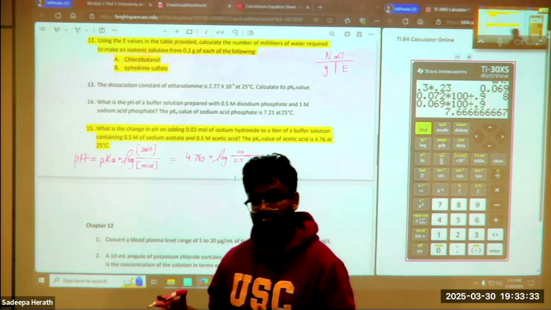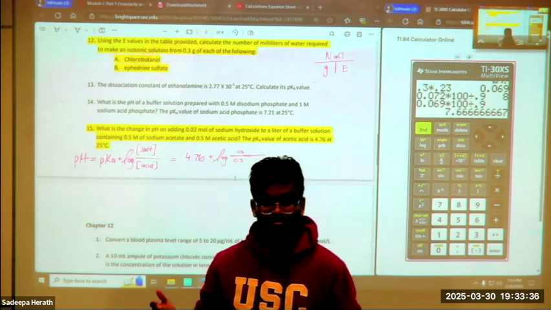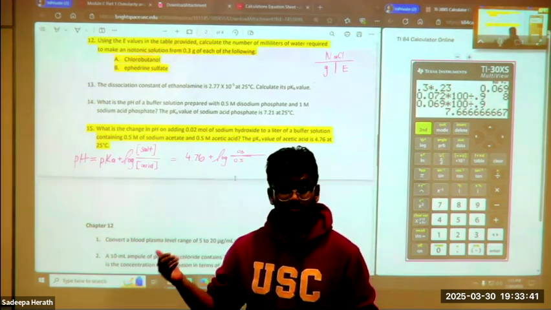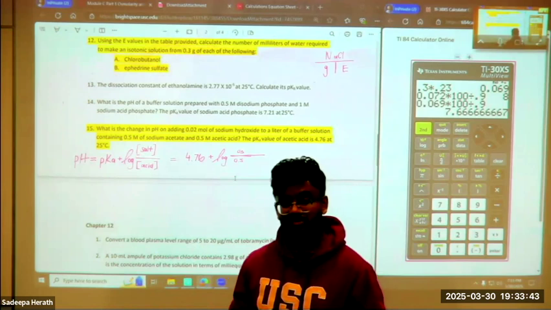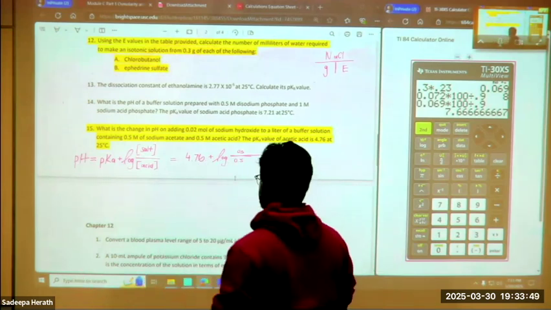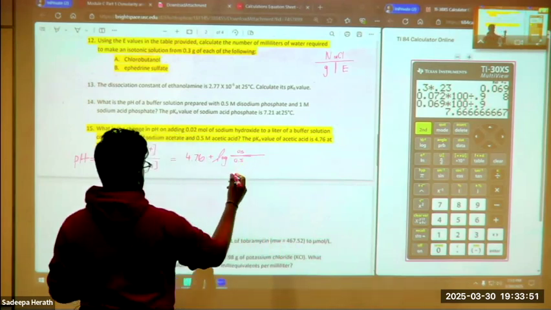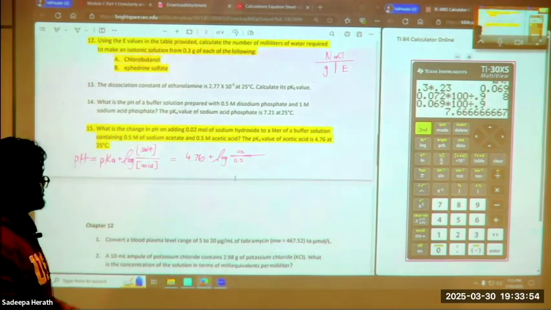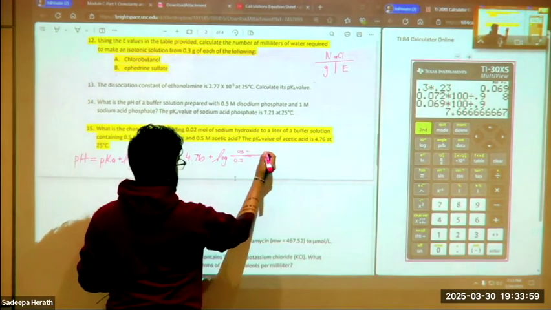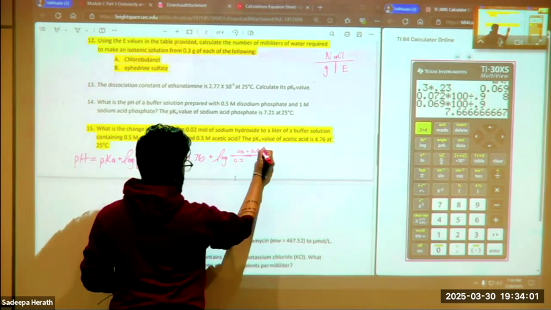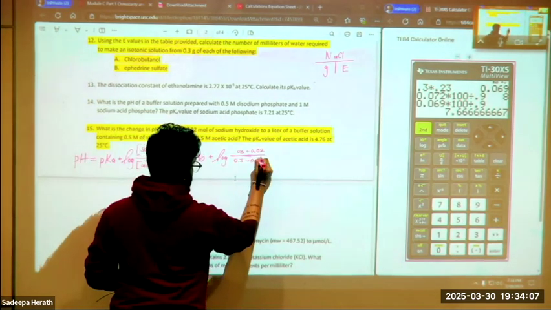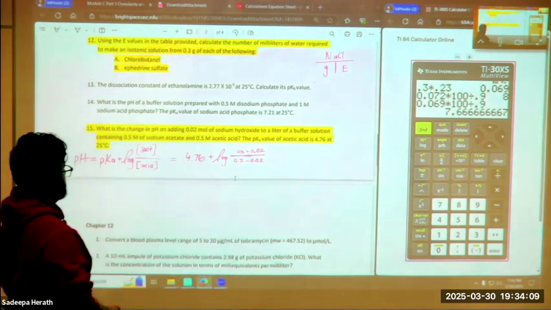You have an acid within a buffer. When a base is added, the base neutralizes the acid, so there's going to be less acid, and because from that reaction more salt is being formed, from that 0.02 moles of sodium hydroxide you are adding 0.02 more salt into the solution and subtracting 0.02 from the acid.